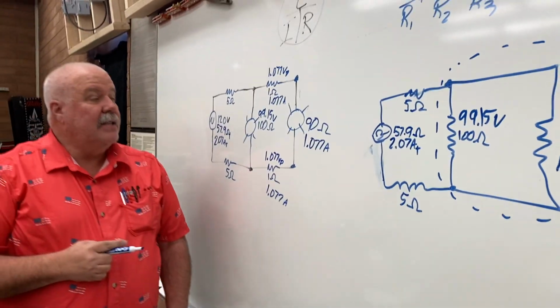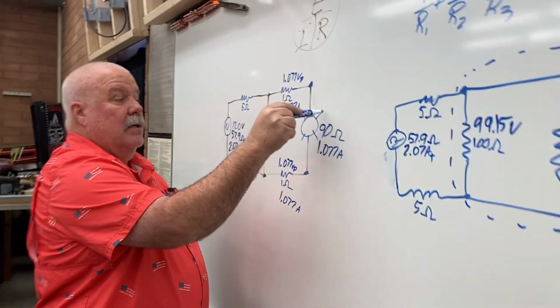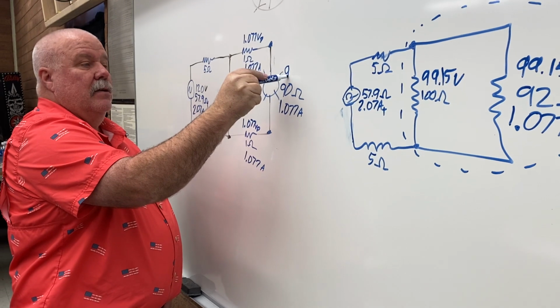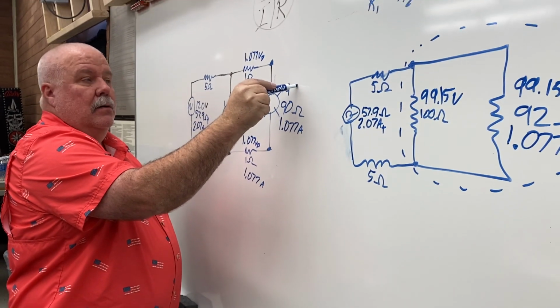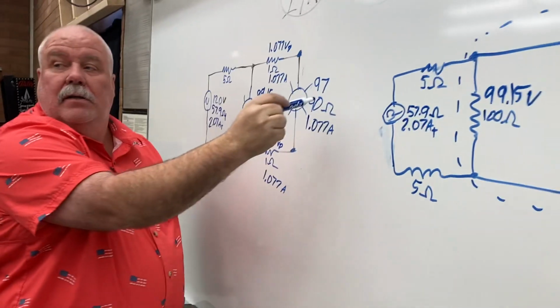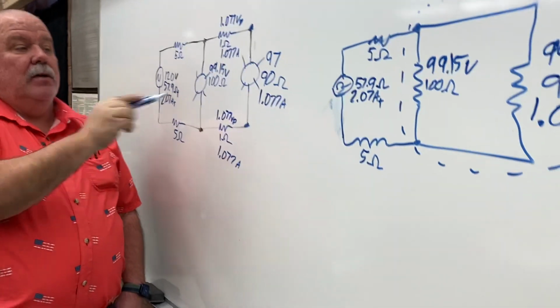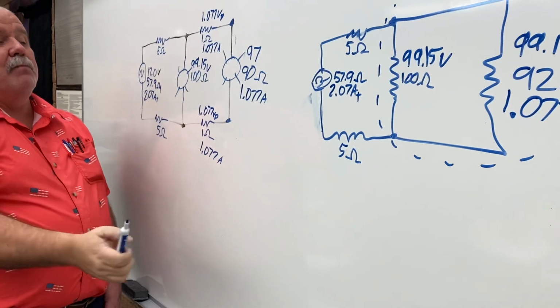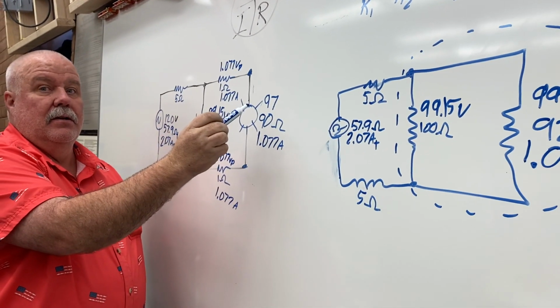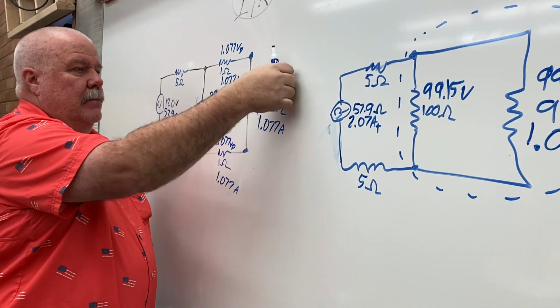It's going to be 97 volts through here, right? Is that right? Somebody with a calculator? 90 times 1.077? 96.93.